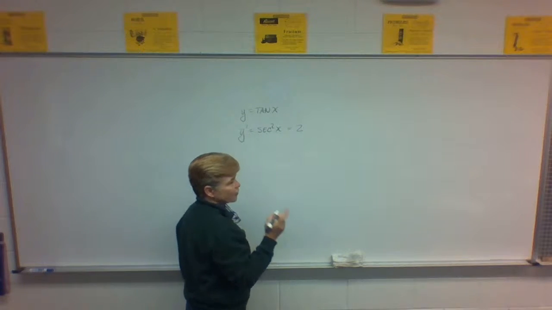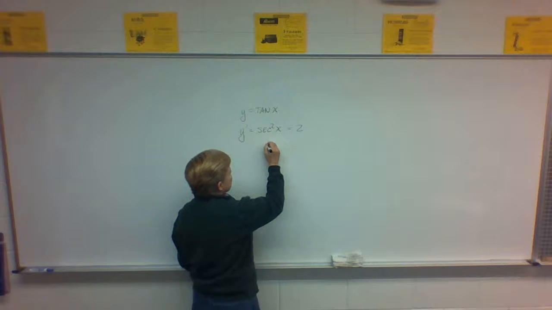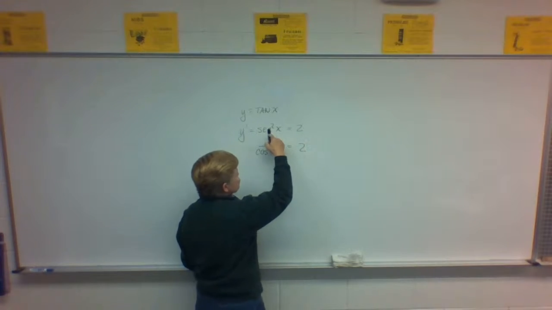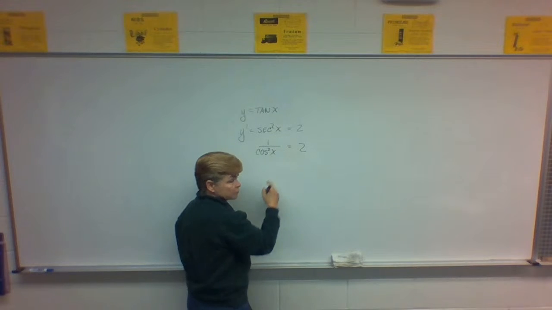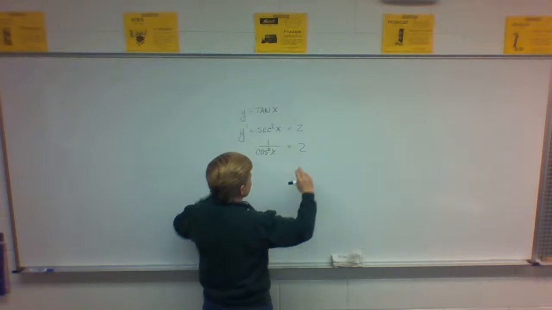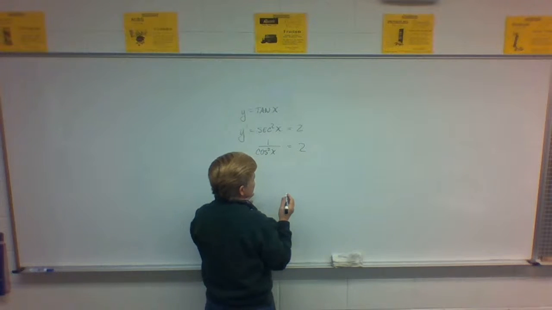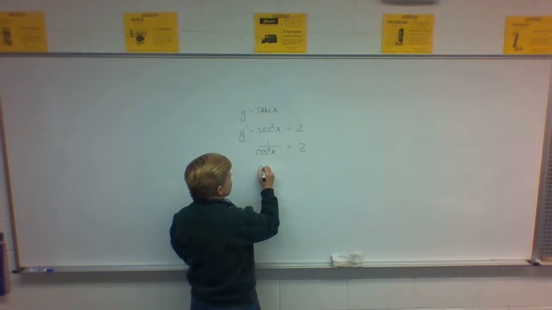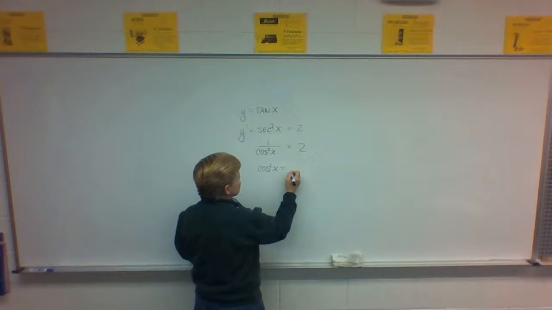That means, and if you've forgotten your trig, that means that 1 over the cosine squared of x equals 2, because this is just a rewriting of secant. It's still equal to 2. Now, you can either think of cross multiplying, you can think of reciprocating. There's a couple ways you can do this. But what it comes down to is, when is the cosine squared of x equal to 1/2?